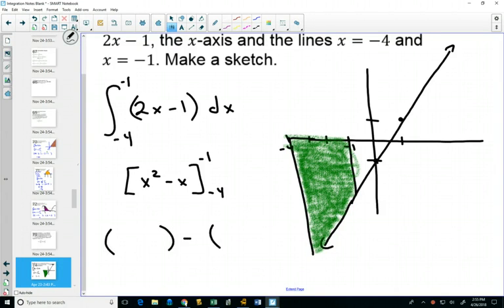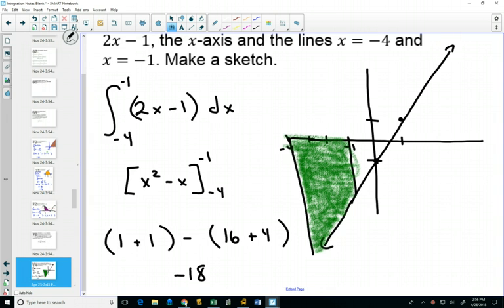Plugging things in here, this will give us 1 plus 1 minus 16 plus 4. We'll get 2 minus 20, which is -18. So I did all the math without any absolute value bars, and I got a negative area, which makes sense because that area is below the x-axis.